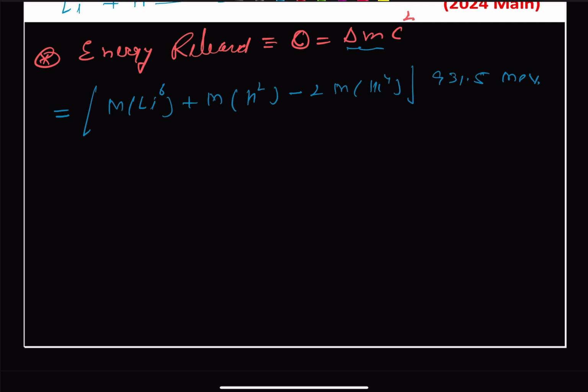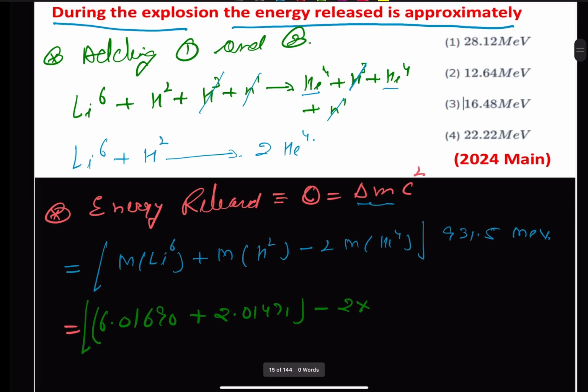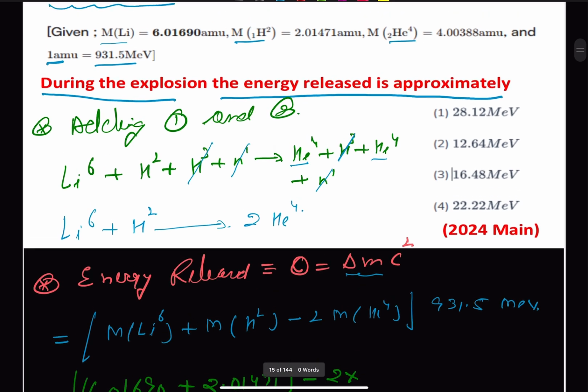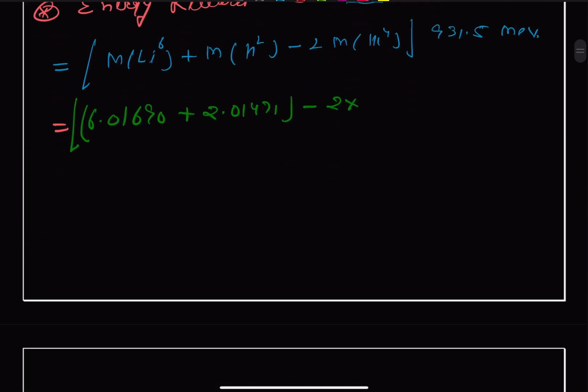And we substitute the values, we get 6.01690 plus 2.01471 minus twice the mass of helium-4, which is 4.00388, and this whole term multiplied by 931.5.